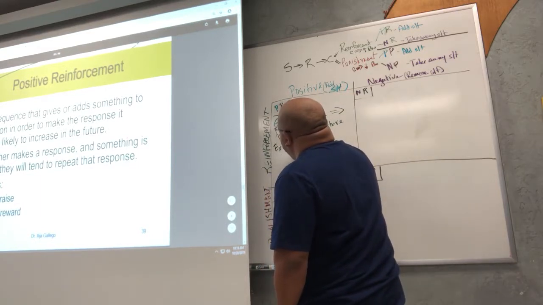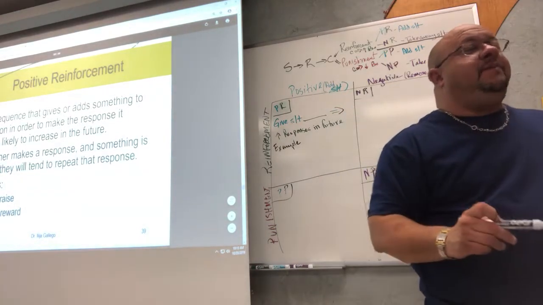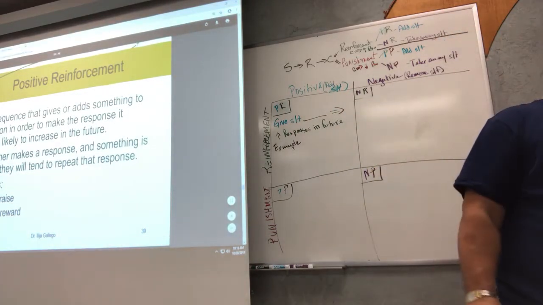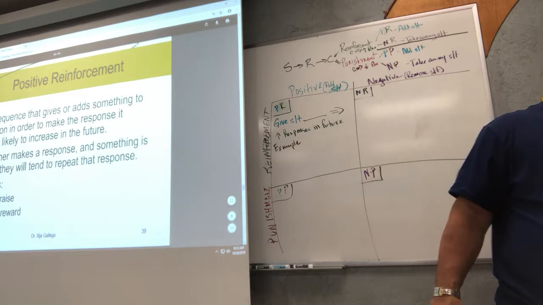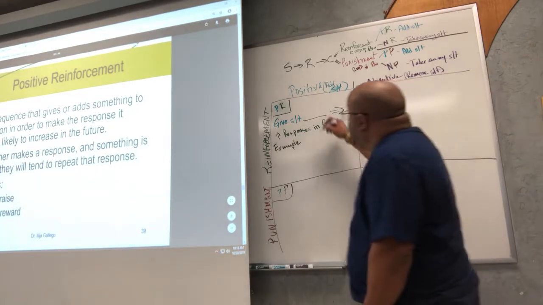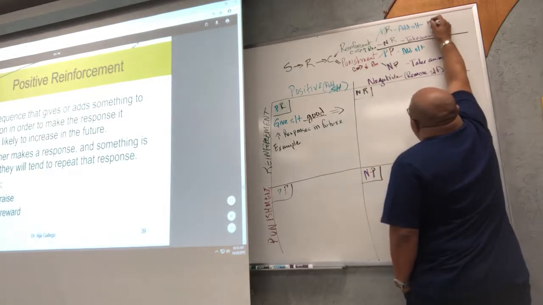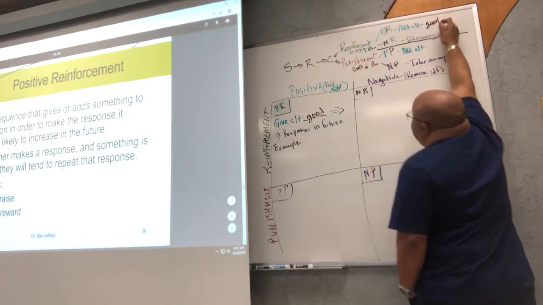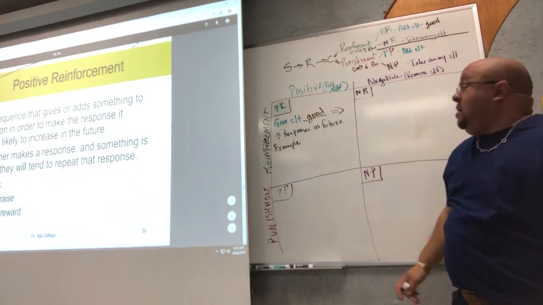First of all, if I give you something and it's reinforcement, that means you're going to do it again, right? Would I give you a good thing or a bad thing? I give you something good. Okay, so I give you something good, something you like, something that is desirable.